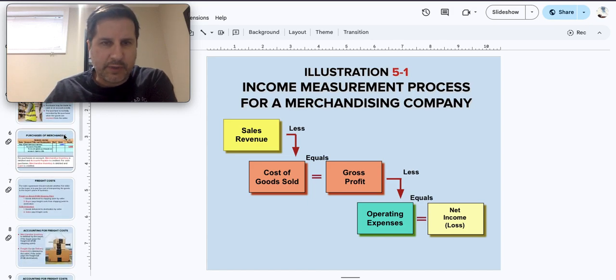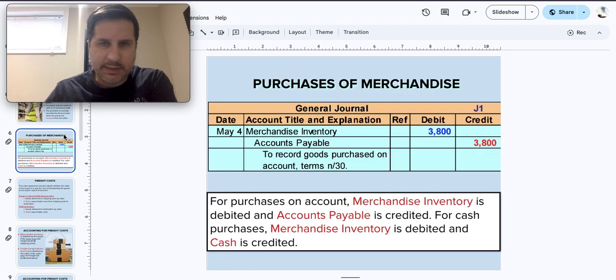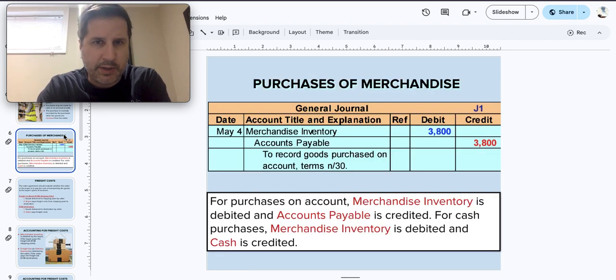Obviously, if we're going to buy inventory, we have to purchase that from someone. So I'm just going to click to this slide here, which is slide 6 on your notes. When we buy inventory using a perpetual method, which is this unit, and a perpetual method means we are constantly updating our inventory, just like the term perpetual would mean we are always in motion.